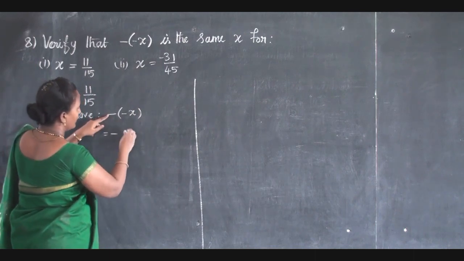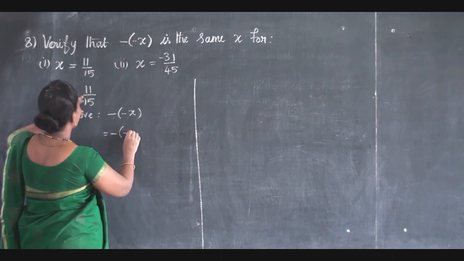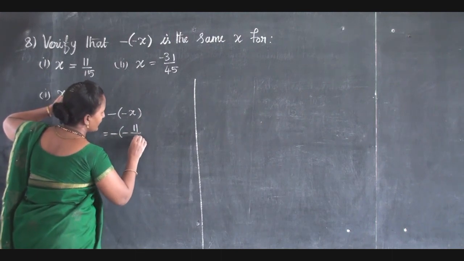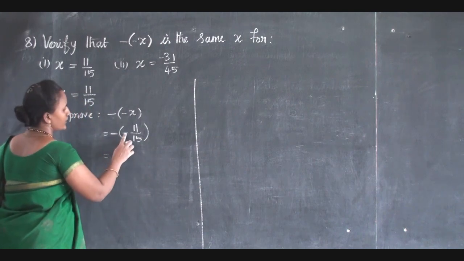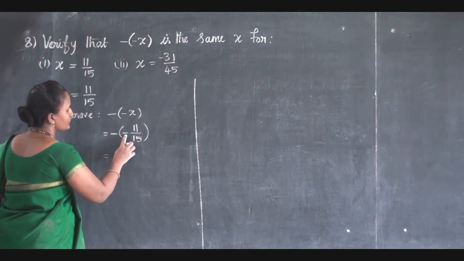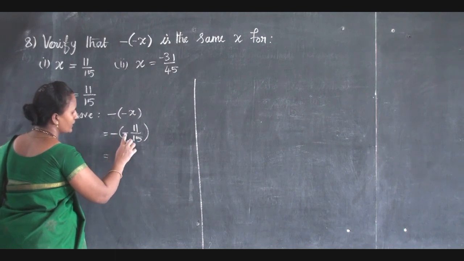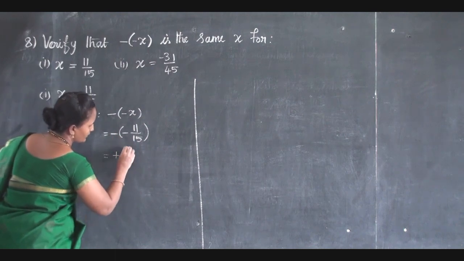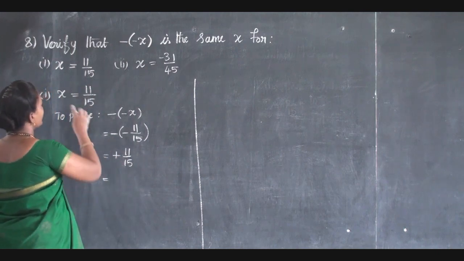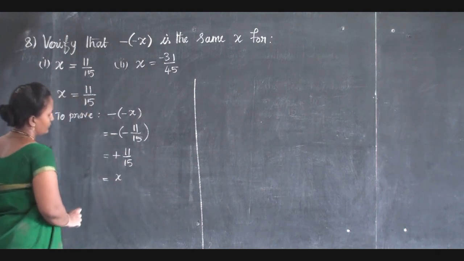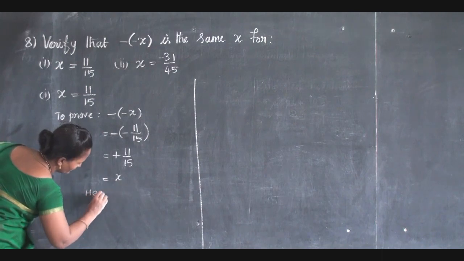Minus into minus, what is x here? 11 by 15. So two signs here, so multiply that sign: minus into minus plus 11 by 15, that is what? x. So it is true.